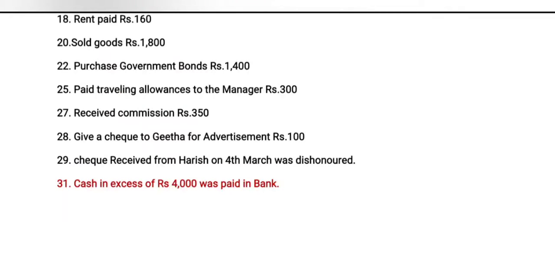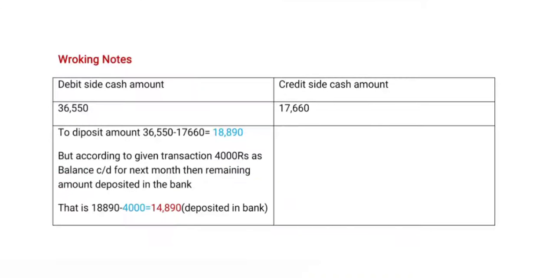Now coming to the last one, that is 31st, cash excess of 4000 was paid into bank. This amount is shown as balance carried on, so the remaining amount has been deposited into bank. Now we are going to take a working note for this transaction. Before balancing both sides, we come to debit side balancing.